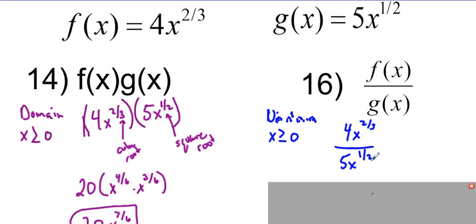After we identify this even root, we have to figure out what else will make this undefined. We see that the denominator cannot equal 0.